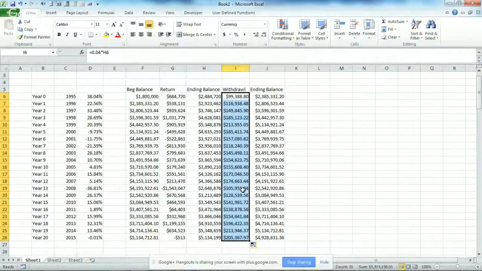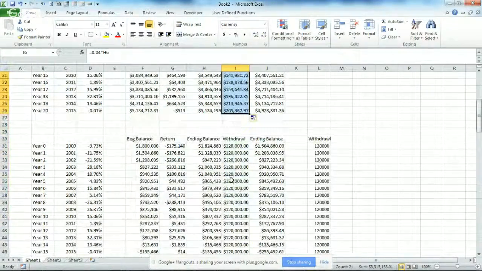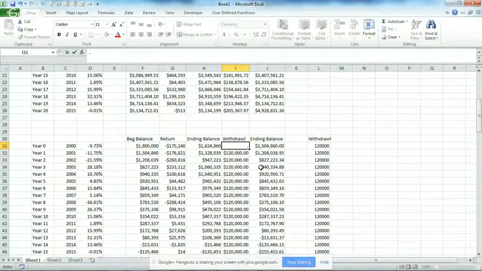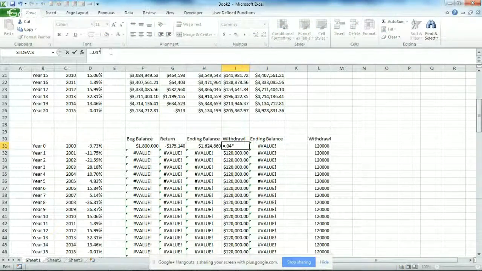And again, when we look at the other sequence, let's say when you decide to retire, the next few years the market is not as good, then what happens if you do 0.4%? Okay, I gotta put an equal sign here. 0.4% times your ending balance.